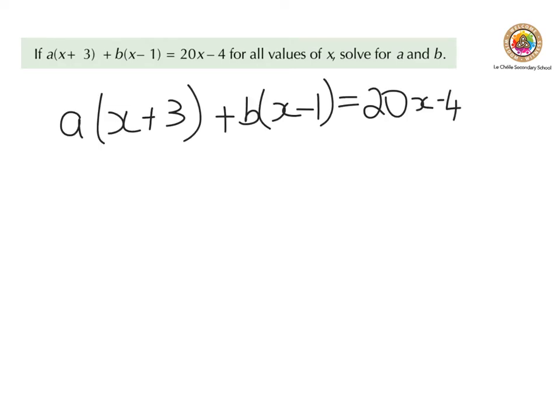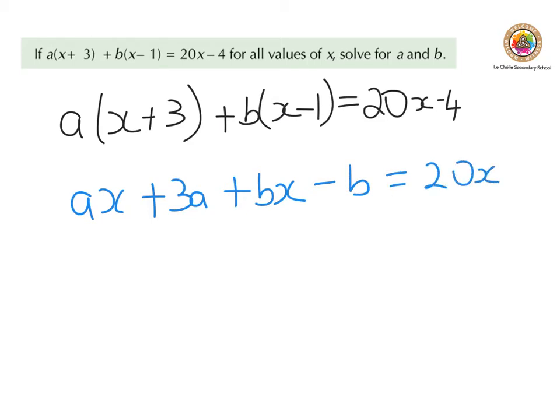First of all, I'm just going to tidy up this equation. a by x is ax. a by 3 is 3a. b by x is plus bx, and b by minus 1 is minus b, and that's equal to 20x minus 4.